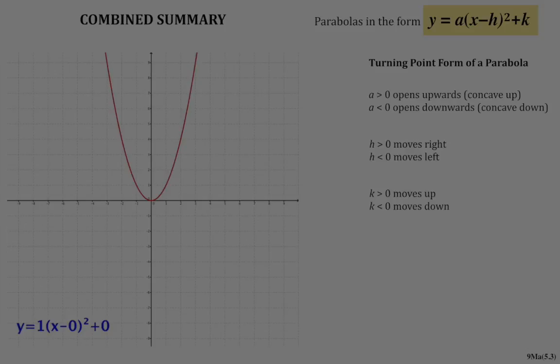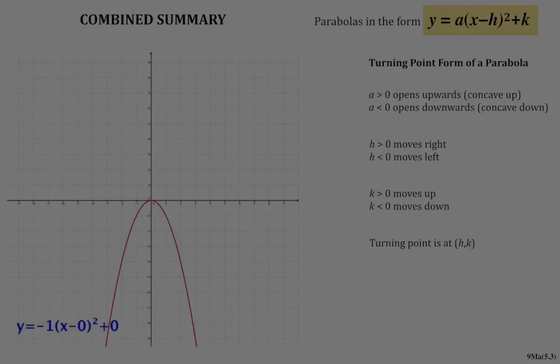If there's a number on the end, it's going to move it up or down. The turning point will always be at h, because that controlled the left or right movement, and k, because that controlled the up or down movement, so the turning point would be at (h, k), and we'll do some examples in a little bit. So let's just see a little bit of this in action on the video.